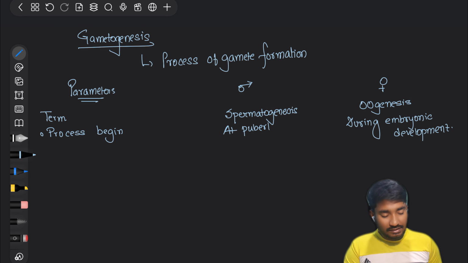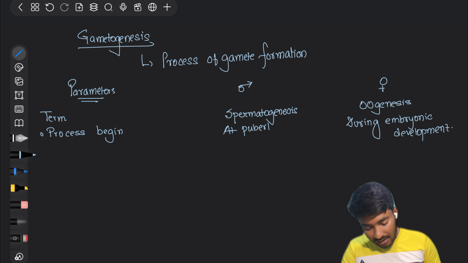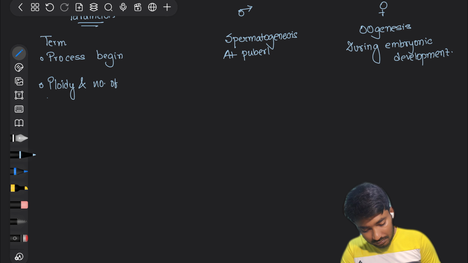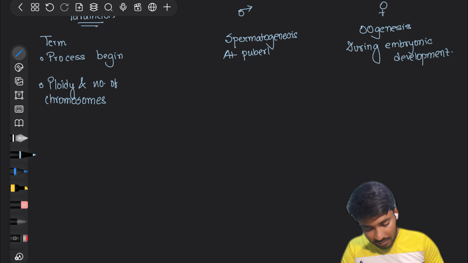During the embryonic development. Now, what happens? If we come to the topic of ploidy and number of chromosomes, here 2n equals 46.